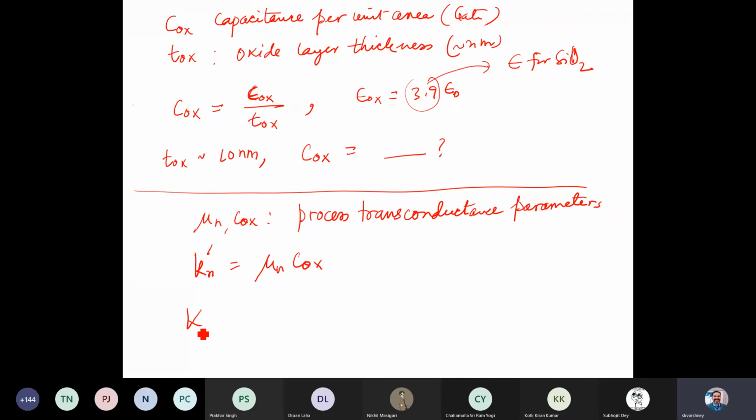So the capital Kn, which I called a conduction parameter, is simply Kn dash, times half, times W by L. It depends on the width, the channel width, and the channel length. So we can work out one simple example.